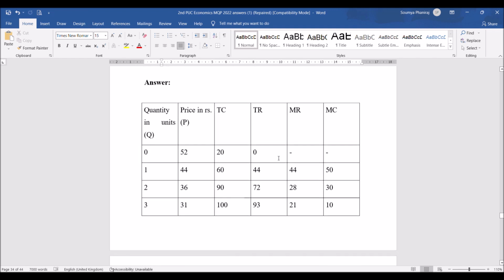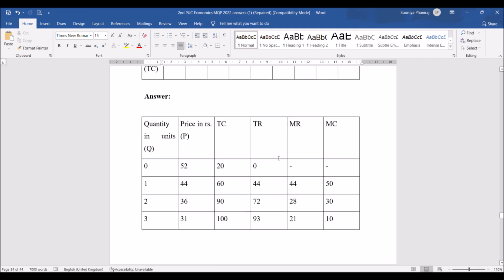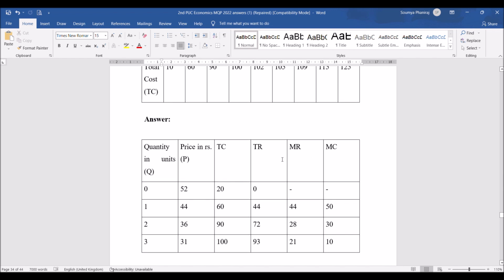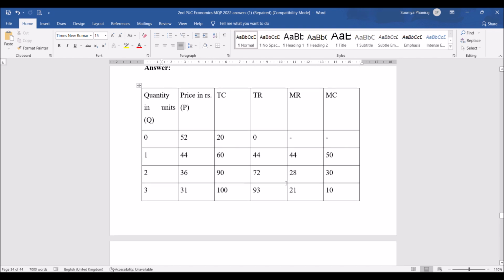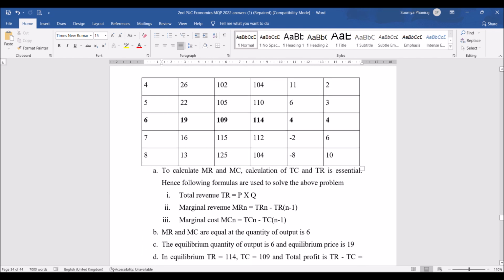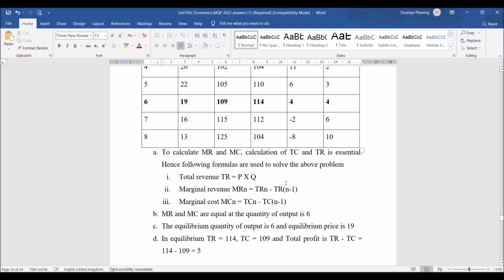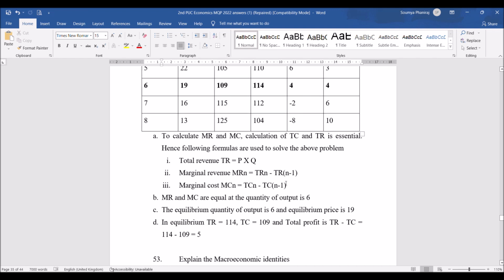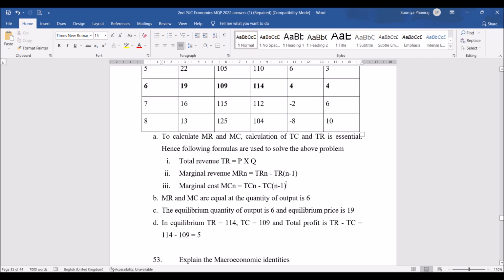So to answer, you have to take all the columns that are needed based on the question. So we need TC, we need TR, we need MR and MC. So this is the working.